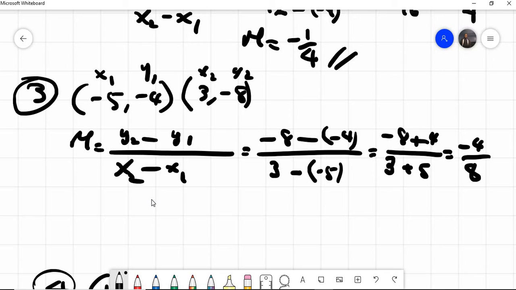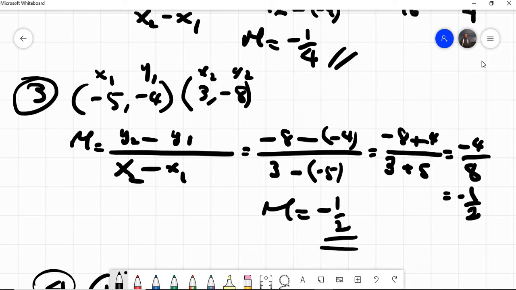Then we simplify, so we divide by 4. This will equal negative 1 over 2, because 2 times 4 is 8, so our slope in this case is negative half.